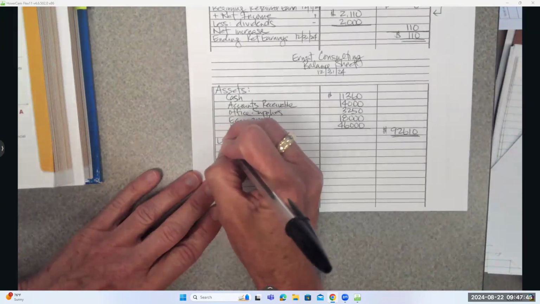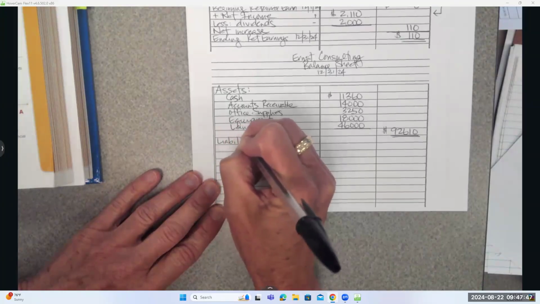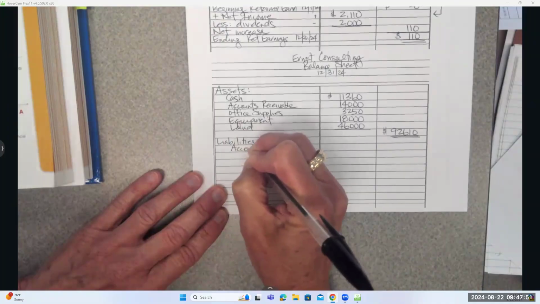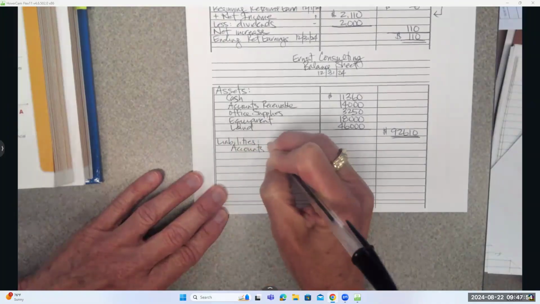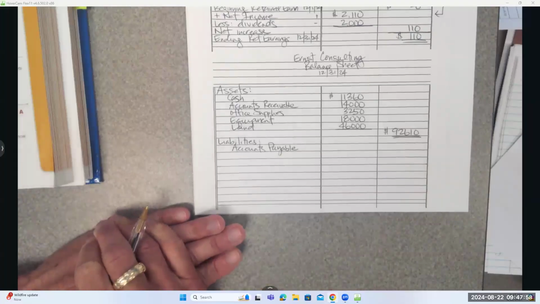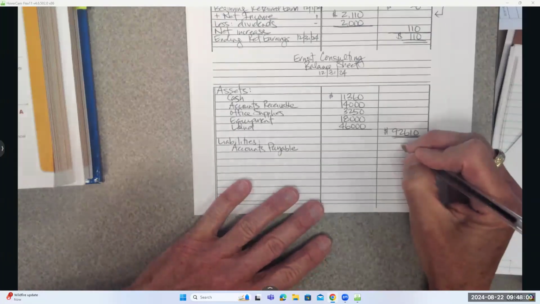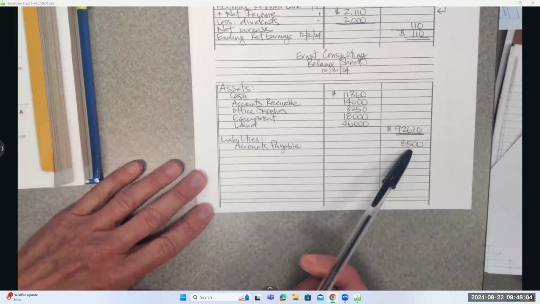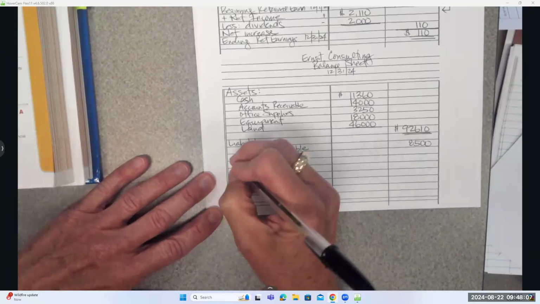So then we're going to list our liabilities. We only have one, just accounts payable, which we owe 8,500. There's only one liability, so we'll just go straight to the total column.